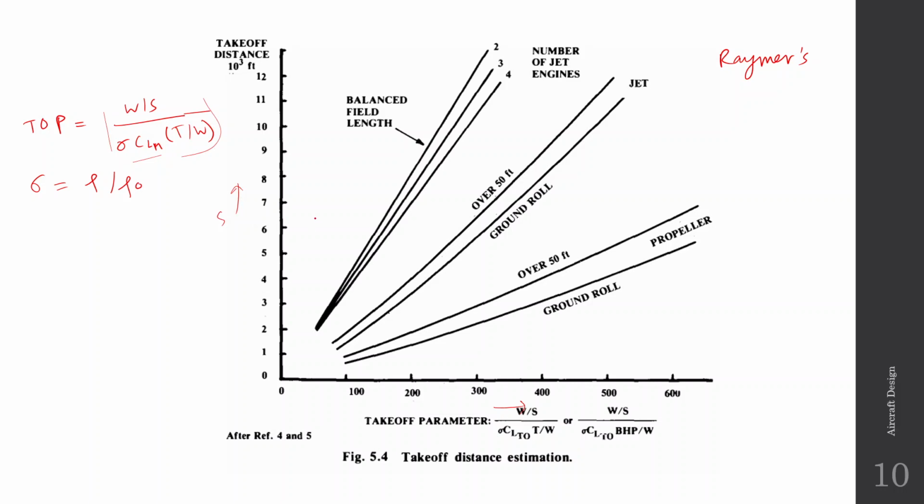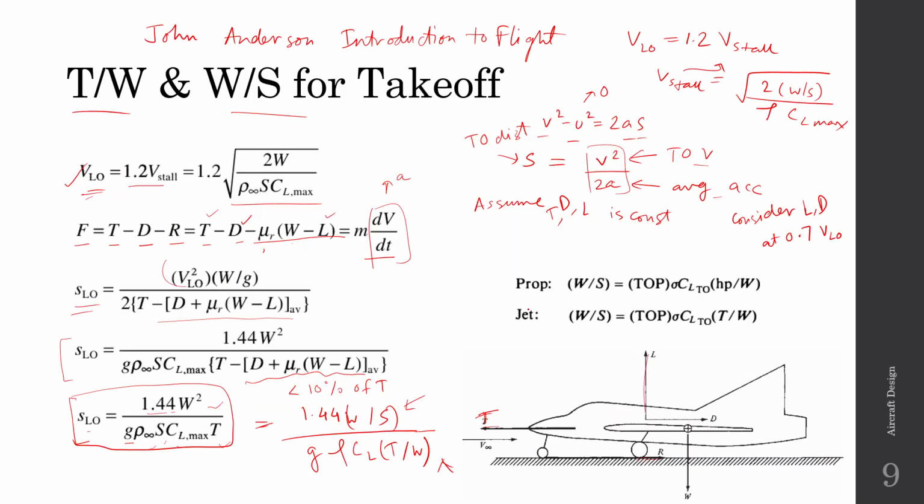So let us say you know the takeoff distance, then you can find out the takeoff parameter using this chart. This is good for a first approximation. When you know the takeoff parameter, you can find the wing loading using this formula. Conversely, if you know the wing loading, you can find the thrust loading using this formula also.